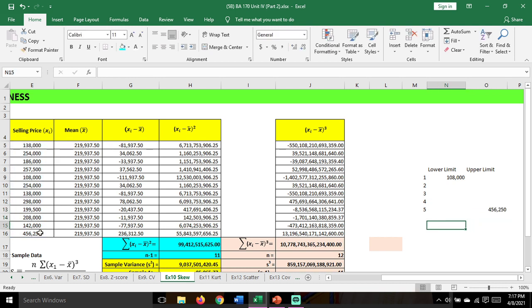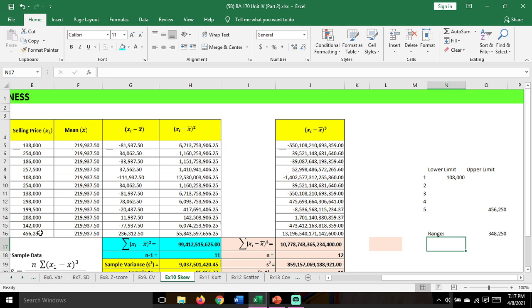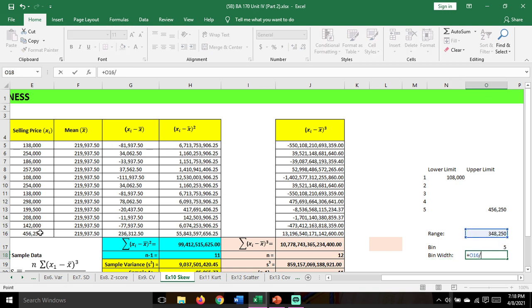Okay, so we compute for the range. We have your maximum minus minimum, and then we have your bin. Okay, so we have 5. So this will now be the bin width. Okay, so we have 3 divided by 5.